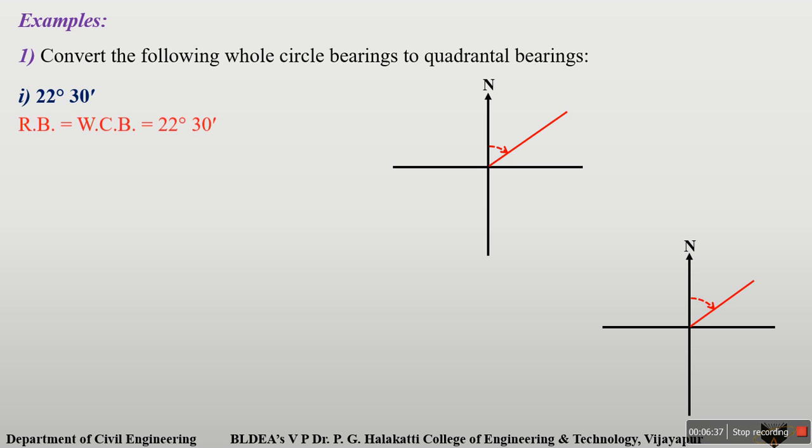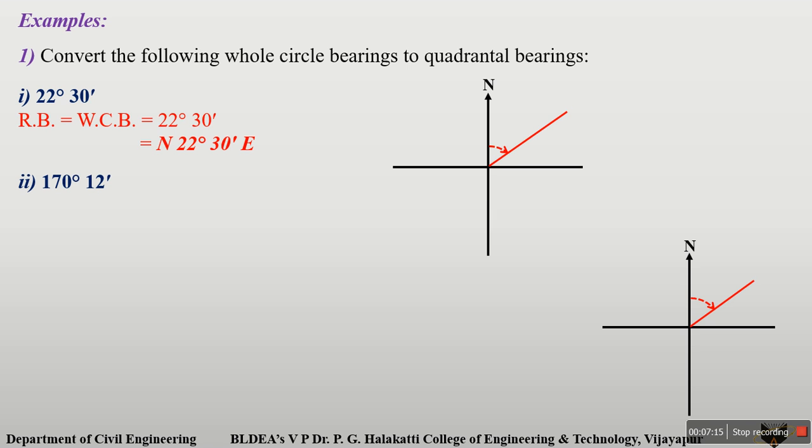So directly you can write that RB is equal to WCB, that is 22 degree 30 minutes. Here you have to mention, on either side of the 22 degree 30 minutes, the directions of your measured angle or bearing, that is north east. So likewise you have to write your RB value, that is N 22 degree 30 minutes E.